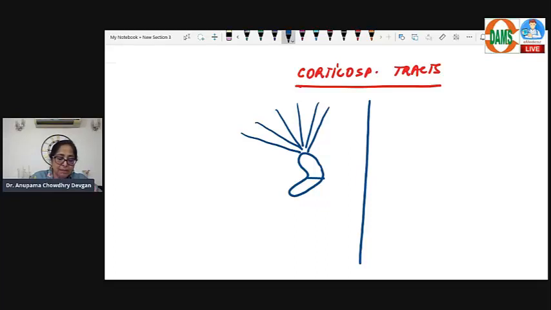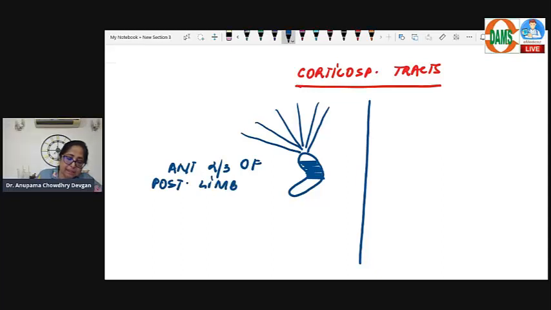And these fibers of the corticospinal tract and the corticobulbar tract occupy the anterior 2/3 of the posterior limb.